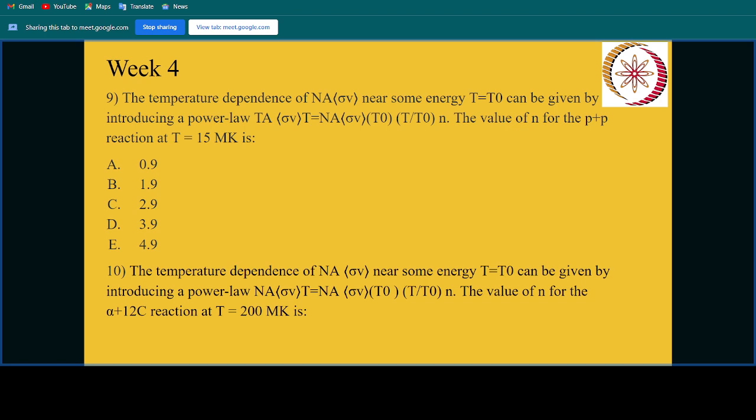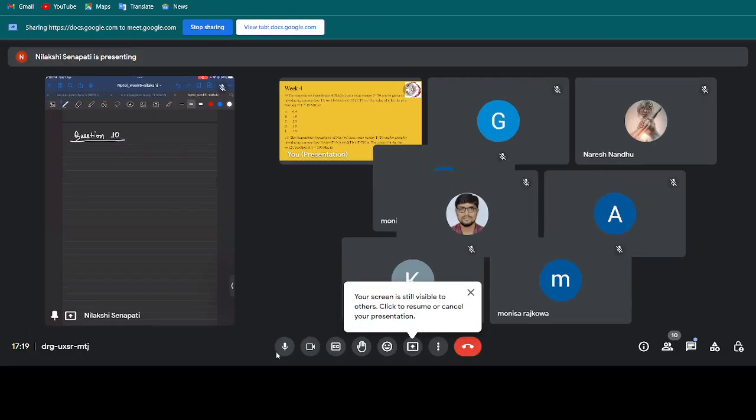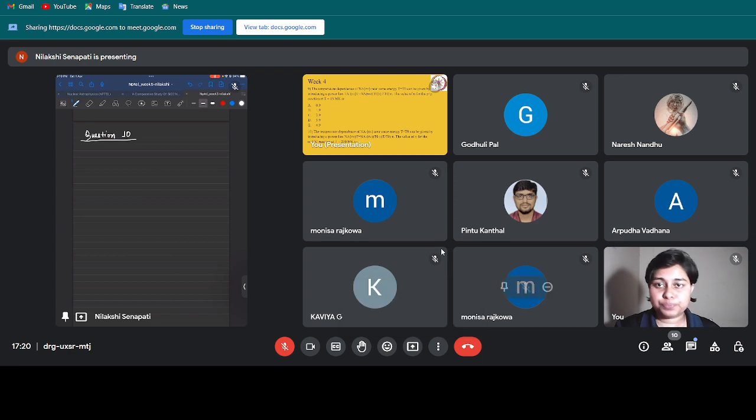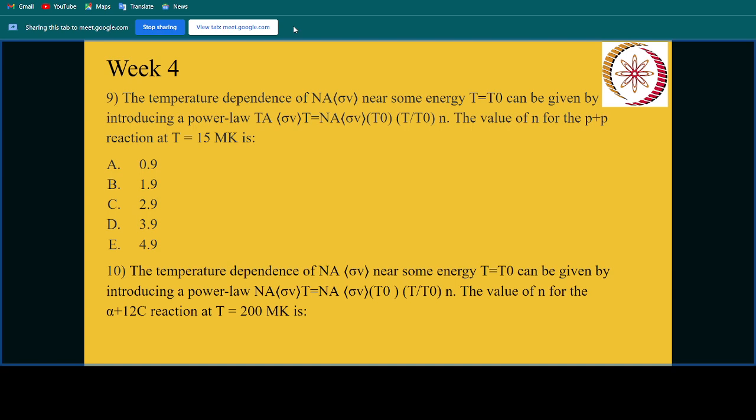If anybody can solve or has already solved it, then after I write the question I will ask how you solved it, what you have done, and what the answer is. All right, so let me write the question.